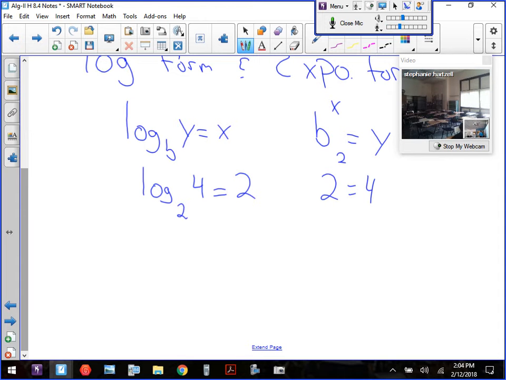They move back and forth. Same thing with that 2 to something power is 6. That means the log base 2 of 6 is something. What that something is, I don't know, but we'll be able to figure it out pretty quick. It's called logarithmic form, and it's how you solve for exponents.